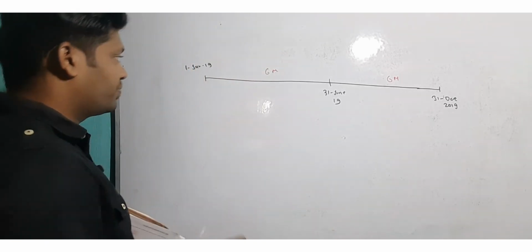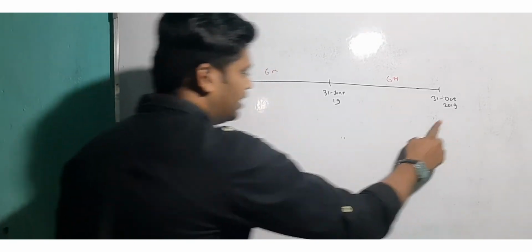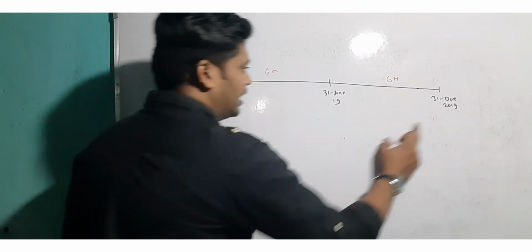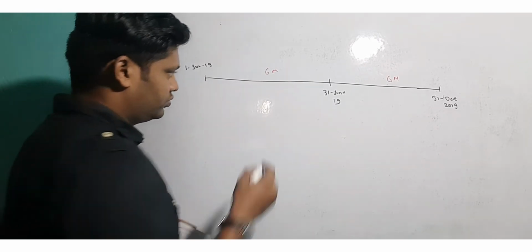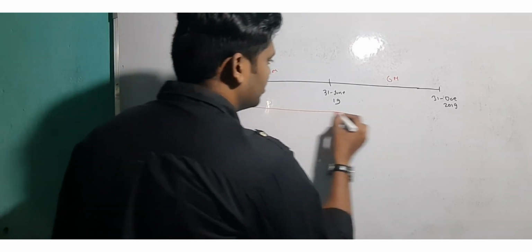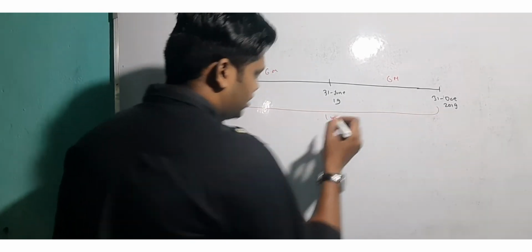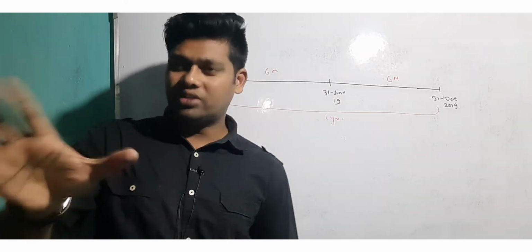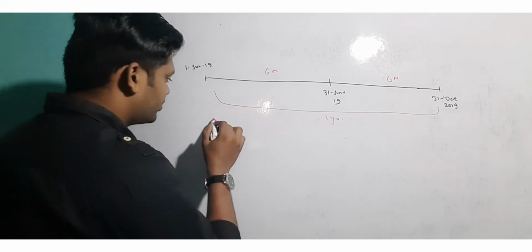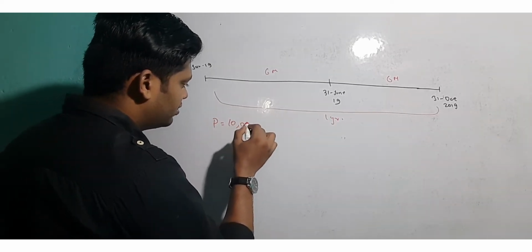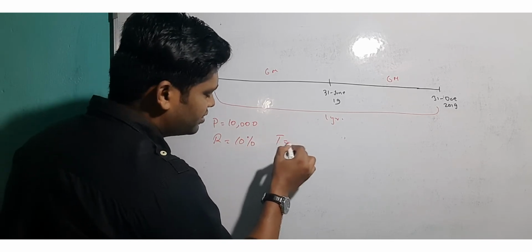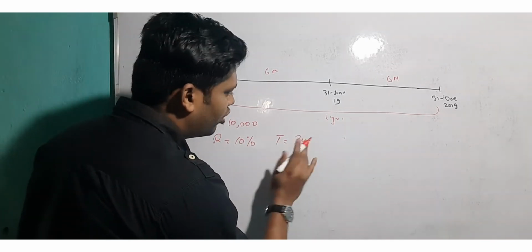Now they are saying that from year to year is how much? Directly 1 year. Right? If they say I have taken a principal of 10,000, for example, the rate of interest is 10%, and time is 2 years, or you can say 1 year.